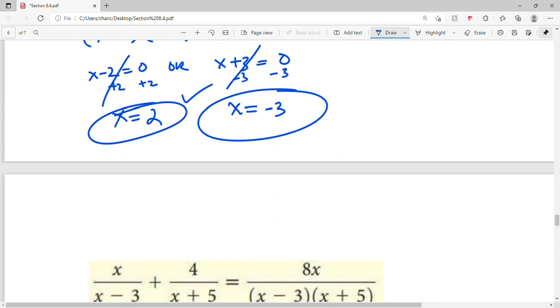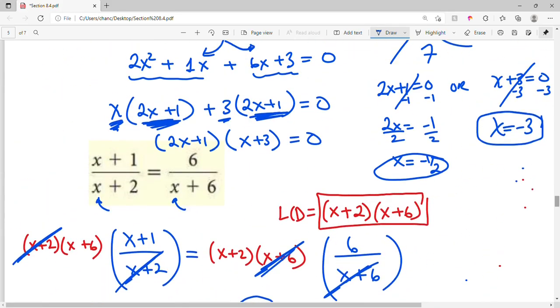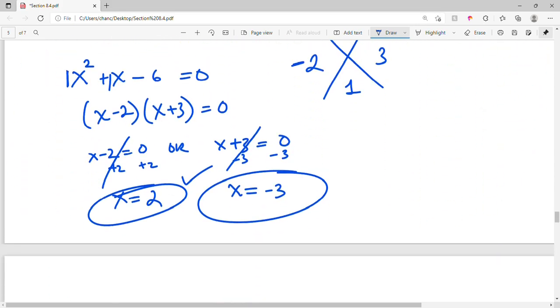It does not cause the denominator to be 0. Let's check negative 3. If I plug in a negative 3 into the x for the denominators, you will realize that it's also good because the denominator is not 0. So, negative 3 is also a good solution.